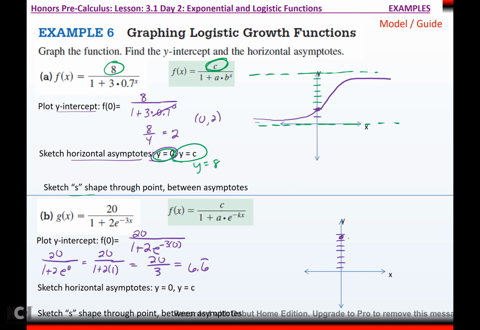Okay, and then I need my horizontal asymptotes. One of them is always at y equals 0. And the other one is going to be at c, which is going to be y equals 20. So 1, 2, 3, 4, 5, 6, 7, 8, 9, 10, 11, 12, 13, 14, 15, 16, 17, 18, 19, 20. That's going to be my other horizontal asymptote.